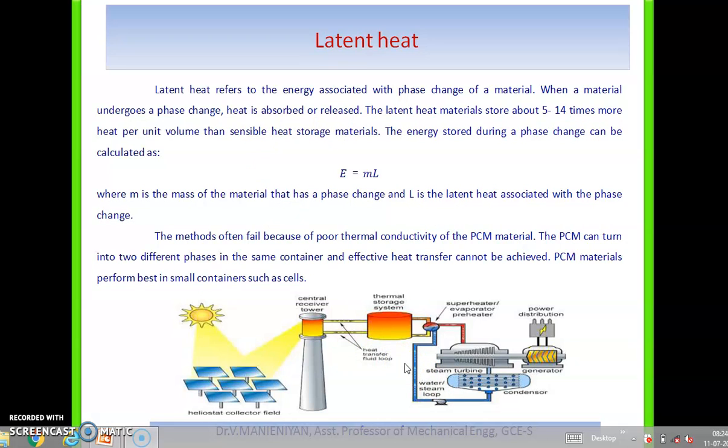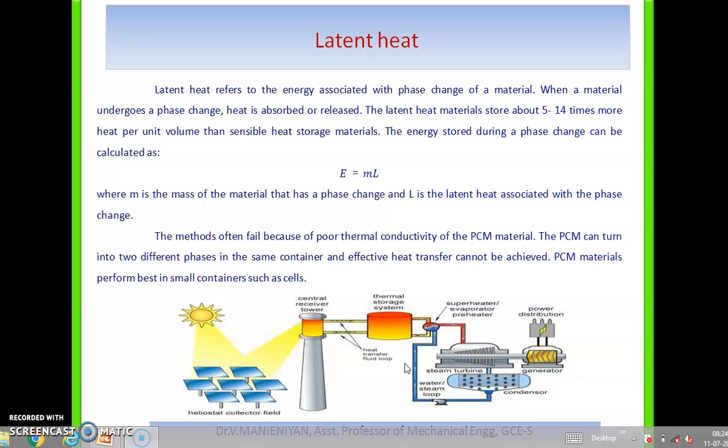So the latent heat material, sorry, the phase change material must satisfy some of the following categories. It should have a high latent heat effect. It must be reversible over a very large number of cycles without any degradation.